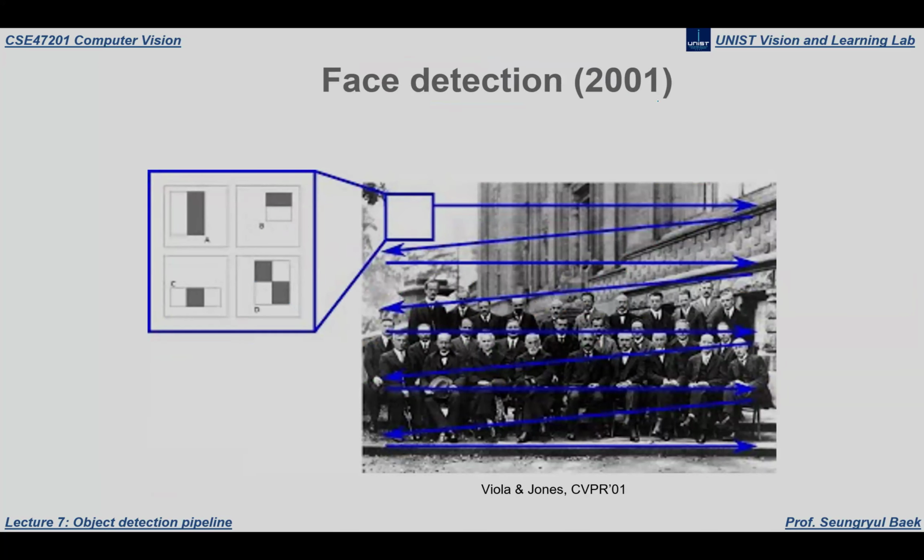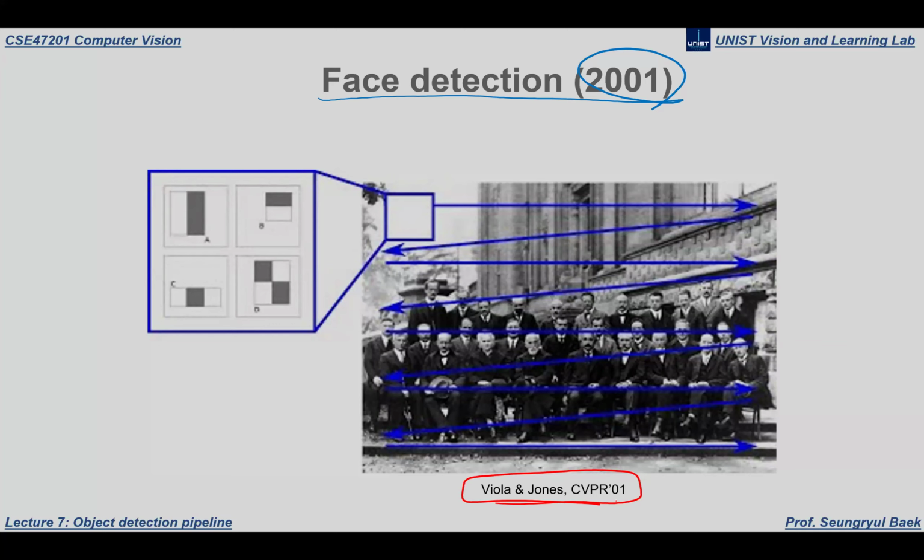But in the year 2001, there was an algorithm that did face detection using this sliding window approach. Before CNN, before deep learning, computer vision approaches used this sliding window method to achieve the object detection task. This is a very famous facial detection algorithm called the Viola-Jones facial detection algorithm, because it was proposed by Viola and Jones.